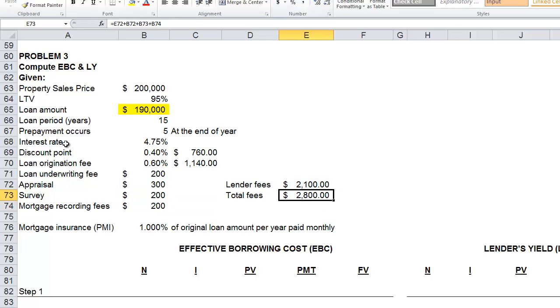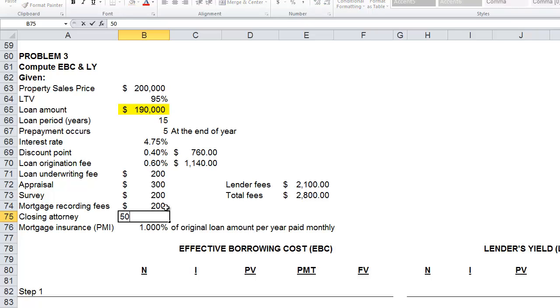Again, the mortgage recording fees are just taxes paid to the county. Just to reemphasize this point, if I had a closing attorney and that was, say, $500, you would not include that in either one of these calculations because it's not related to the mortgage.